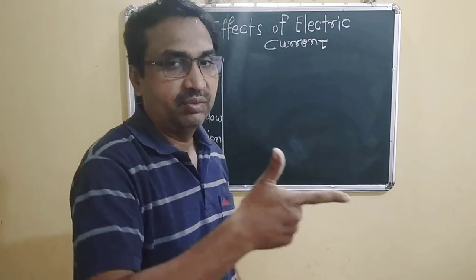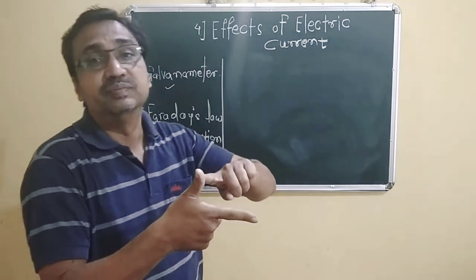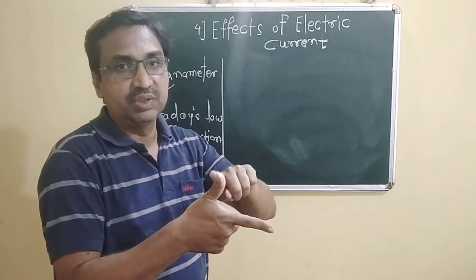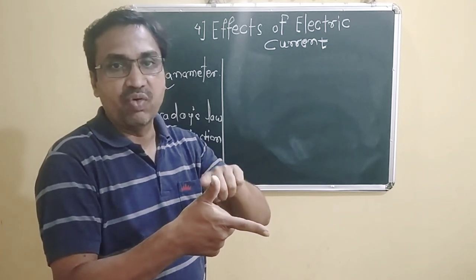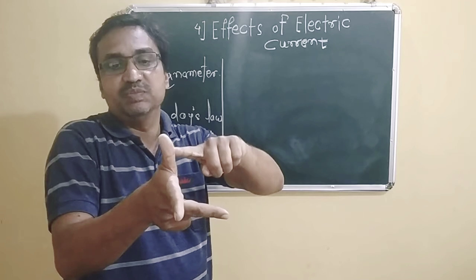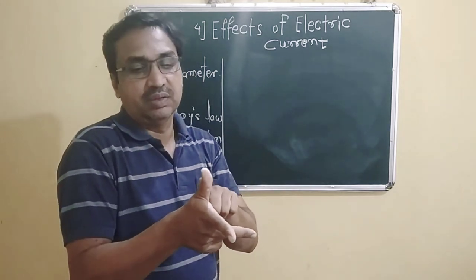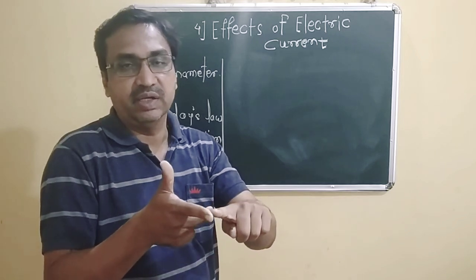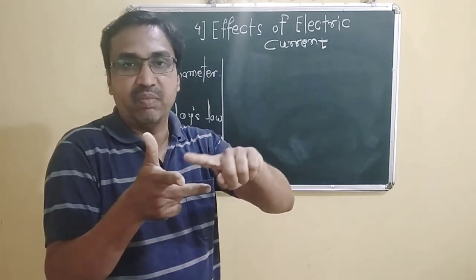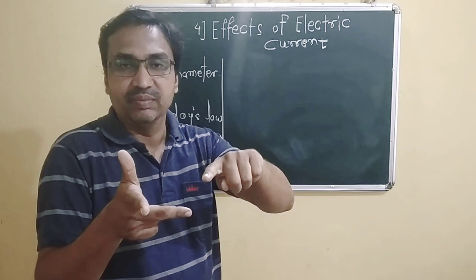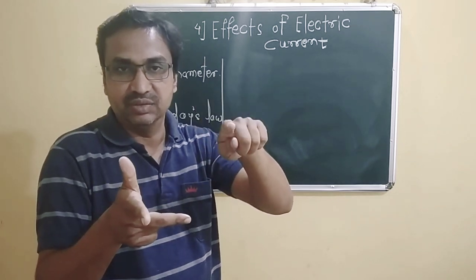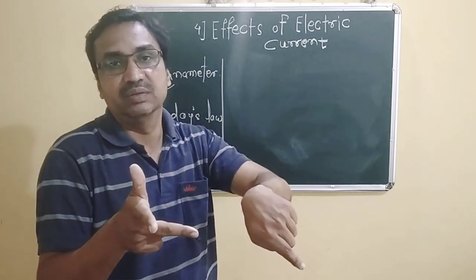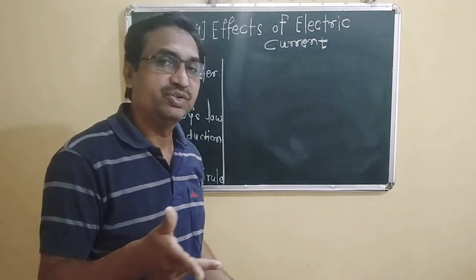Then we can say that if the thumb shows the direction of force acting on the conductor, and the index finger shows the direction of the magnetic field, at that situation, the middle finger shows the direction of induced current. Why is it induced current?